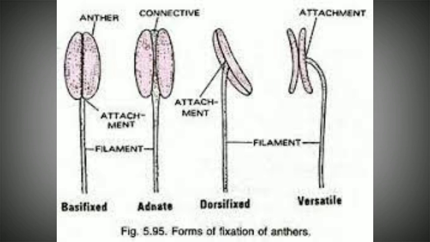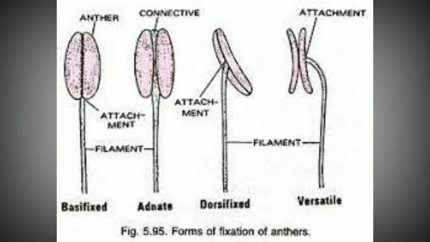Dorsifixed is when the filament is attached to the anther, or forms the connective with the anther, on the dorsal side of the anther just above the basal point. When it forms the connective just at the basal part of the anther, it is called basifixed.